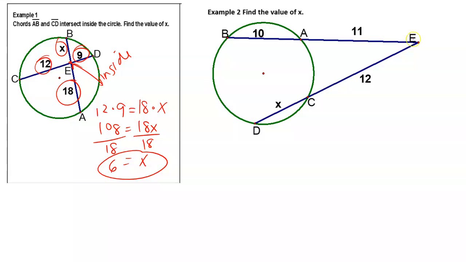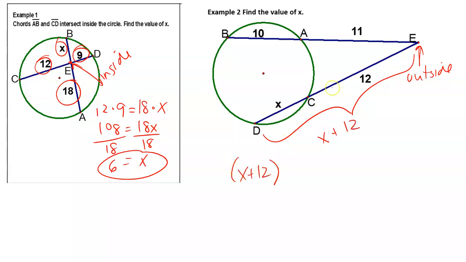For this one, they're meeting outside. So for the outside ones, we need the whole thing. So this whole thing is x plus 12. So we have the whole thing times the part that's on the outside, which is C to E, which is 12, equal to this whole thing, and 10 plus 11 is 21. So 21 times the part on the outside, which is 11.